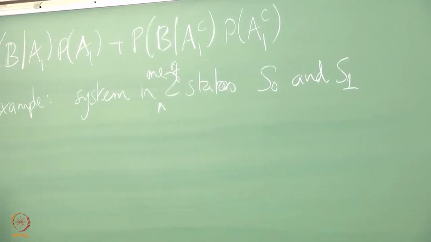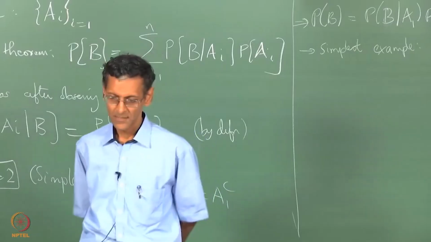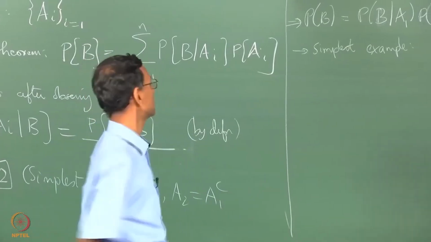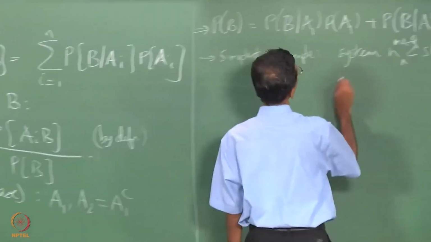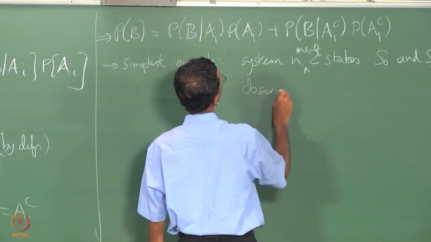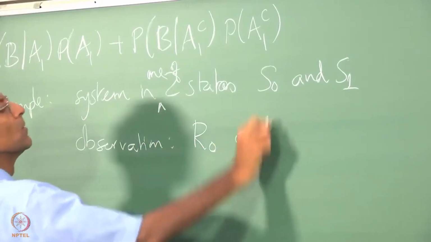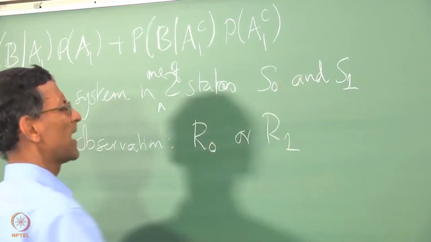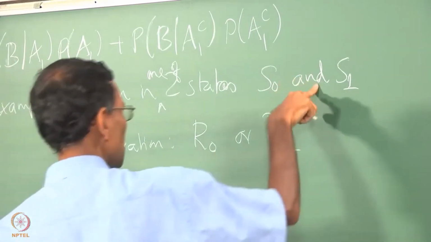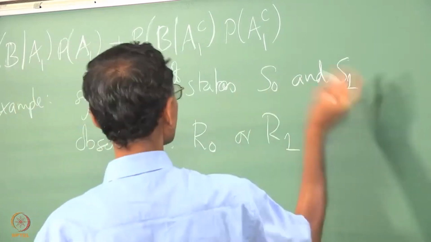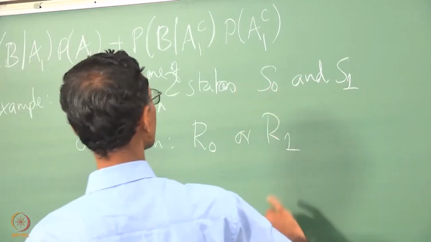And then you make an observation which is one of two possibilities. I just write it as R0 or R1. Actually this is also an OR. The system is either in S0 or S1.